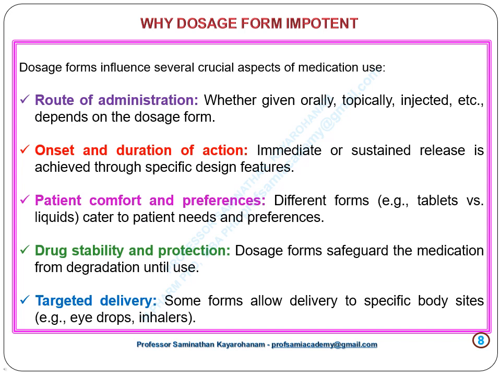Different forms, for example, tablets versus liquids, cater to patient needs and preferences. Drug stability and protection. Dosage forms safeguard the medication from degradation until use. Targeted delivery. Some forms allow delivery to specific body sites, for example, eye drops, inhalers.